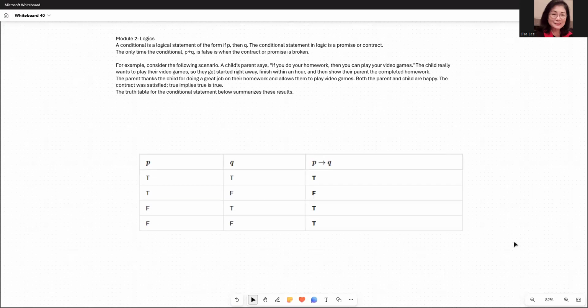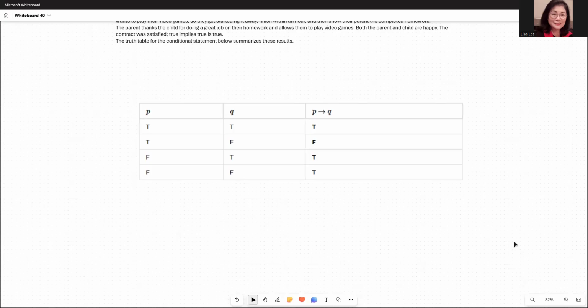So take a look. The truth table for the conditional statement is summarized in the table below.